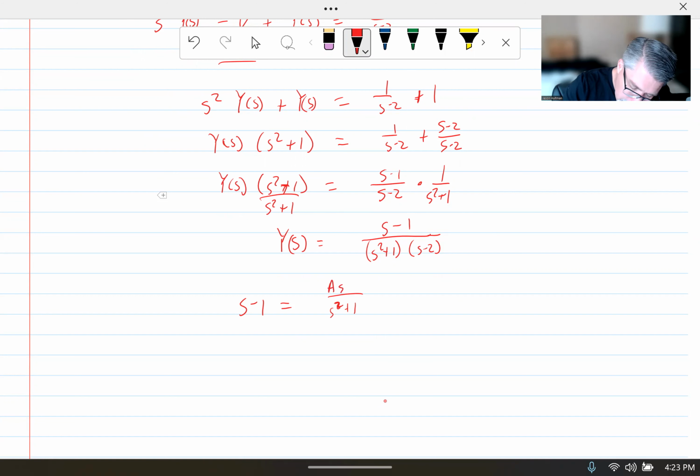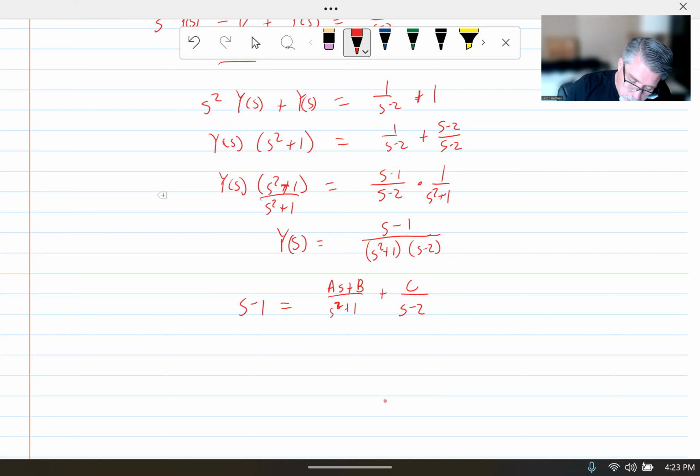So this would be As plus B, plus C over s minus 2. One degree less than a linear is a constant. One degree smaller than a quadratic is a linear, but I have to take into account that the linear could have included another constant, so it has to be As plus B.